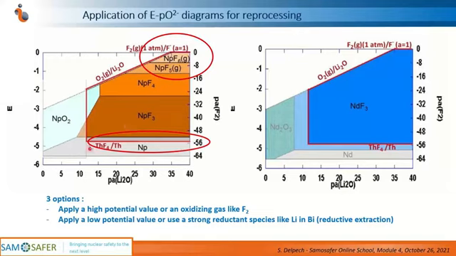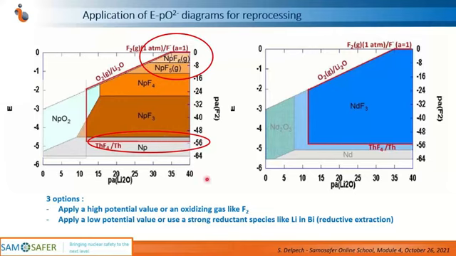Second option, we can apply a very low potential value. For example, we can do electrolysis and remove neptunium on a solid cathode, and neodymium won't be reduced at the same time. So we will have a separation of the two elements.